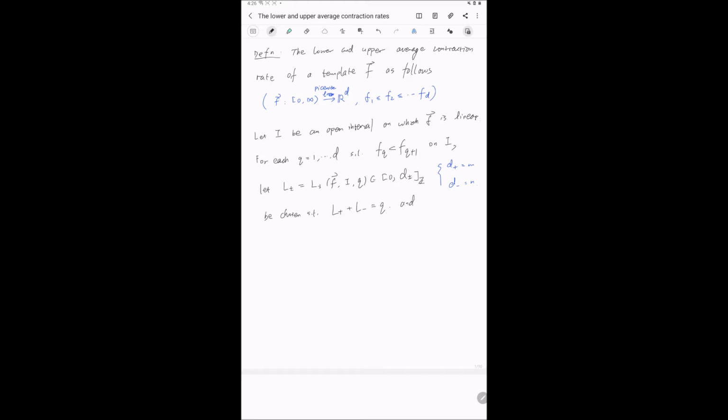And we have this F q prime, which is defined to be the summation from i equal to 1 to q of the derivatives F i prime, equal to L plus divided by m minus L minus divided by n on I. And we leave a remark here that this is guaranteed by axiom 3 of the definition of templates.